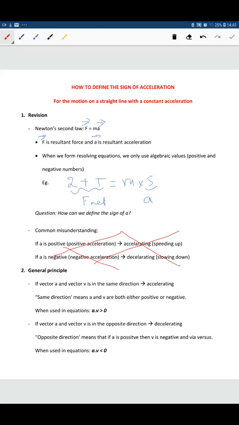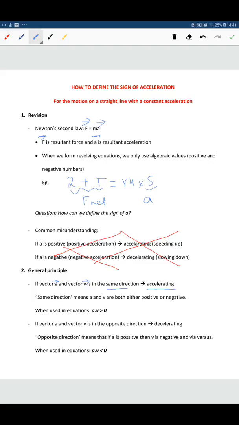So what is the rule? The rule says that if vector a and vector v are in the same direction, and when I talk about vectors, I always talk about direction as well, then the object is accelerating.